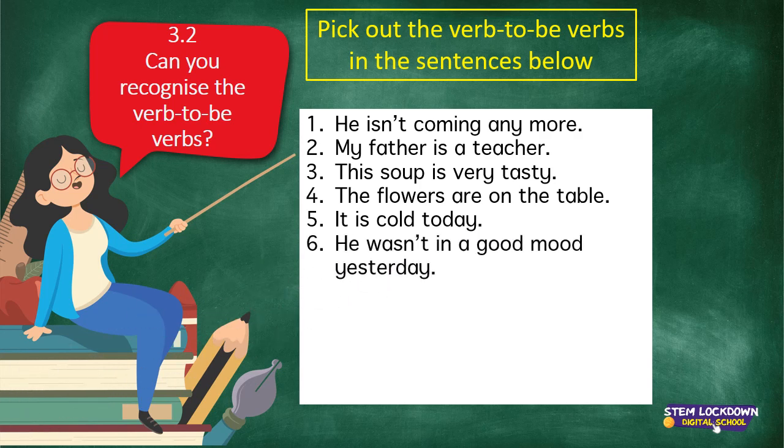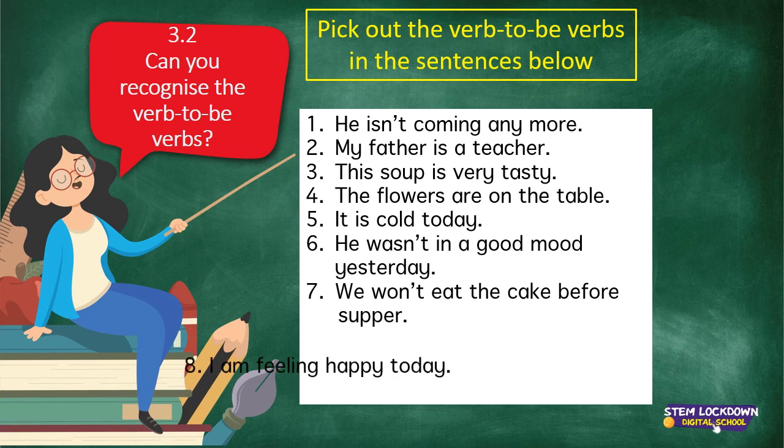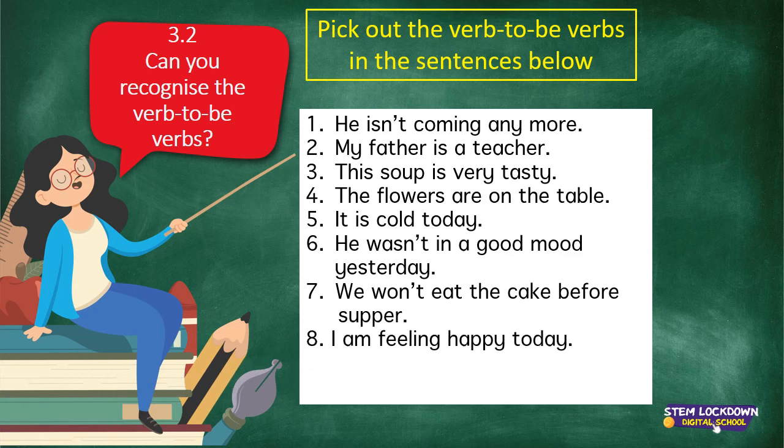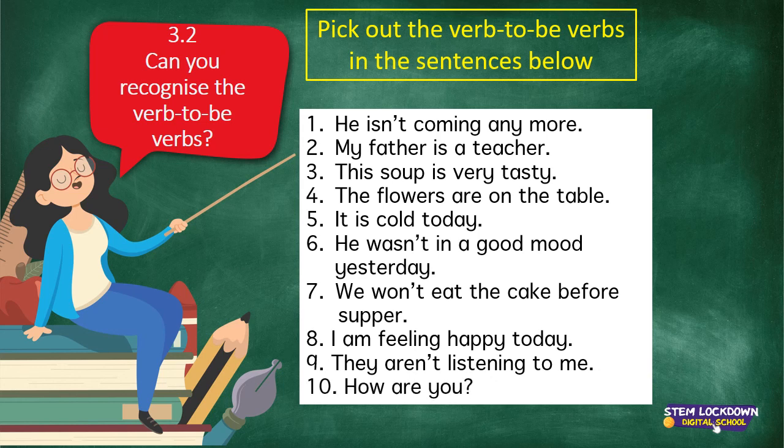Number 6, he wasn't in a good mood yesterday. Number 7, we won't eat the cake before supper. Number 8, I am feeling happy today. Number 9, they aren't listening to me. And number 10, how are you?